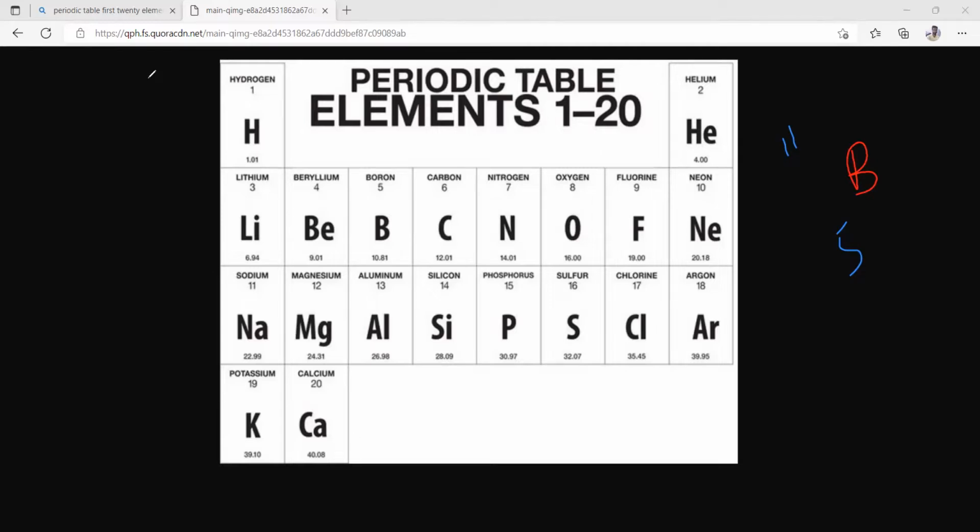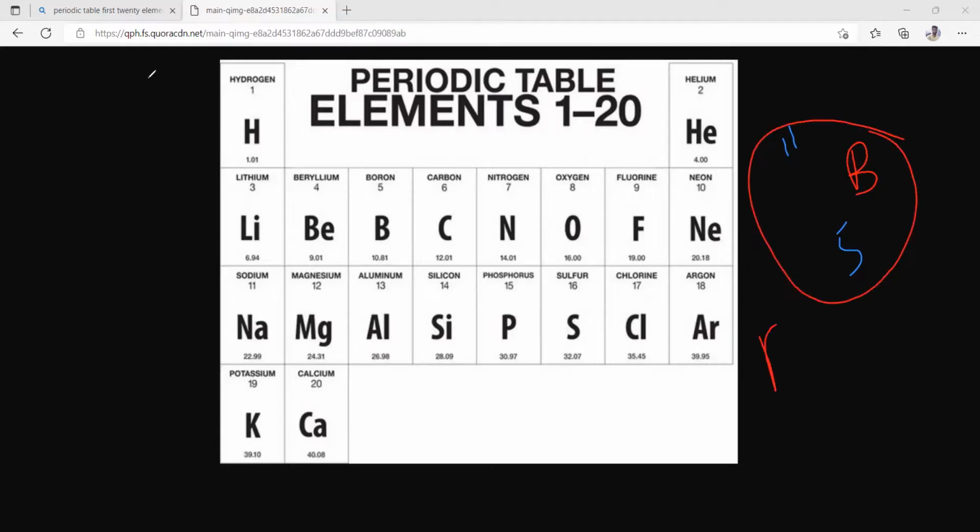Now I am going to give you a homework. For these 20 elements, you have to write all these. First you have to write the standard format.